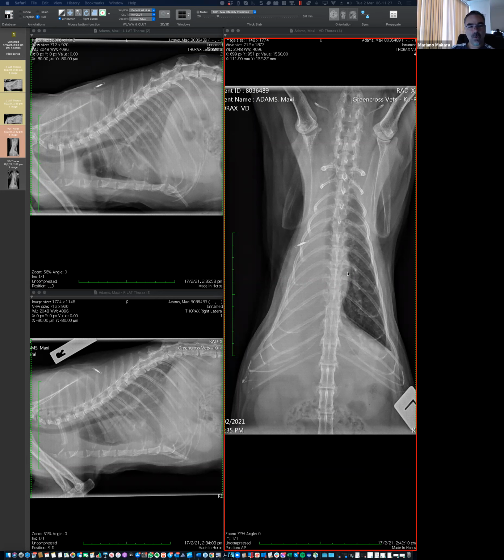So there is no mass effect. That is a very important point, and it should help us keep exploring. So I would mention the shape of the hemithorax: the opacity is soft tissue and is not producing a mass effect. What could it be? Or keep going.